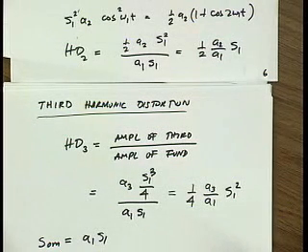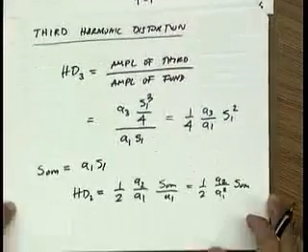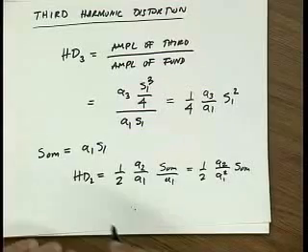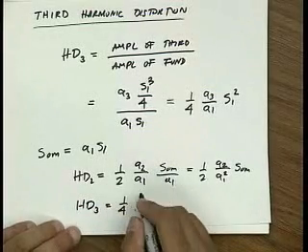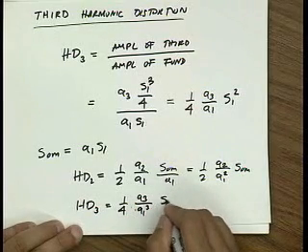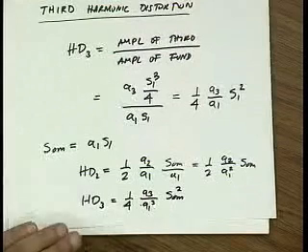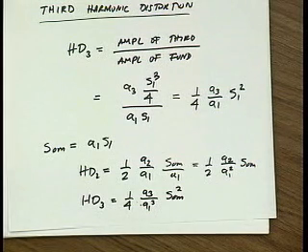And so I get 1/2 A2 over A1 squared times S_out. And if I substitute into HD3, I get 1/4 A3 over A1 cubed times S_out squared. Okay? Questions or comments about HD2, HD3?